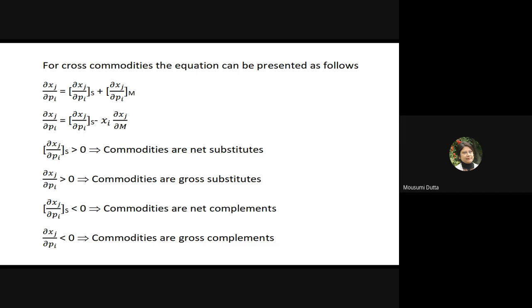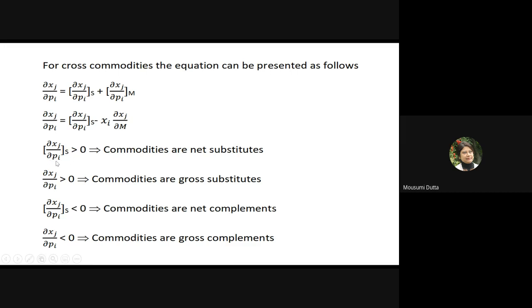Now, when will it occur? The price of x2 is falling, and for that the demand for x1 is also falling. It will be better to understand if I consider it in terms of an increase in the price of the second commodity.